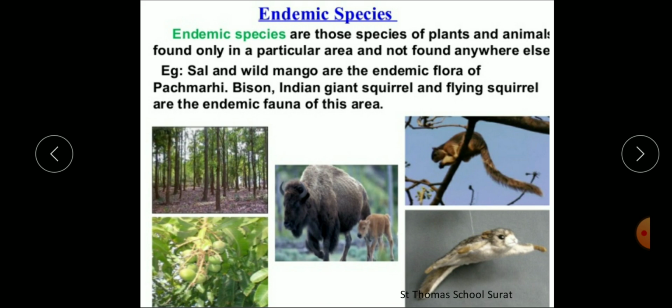This is what we have studied in this chapter, that is conservation of plants and animals. So dear students, I request you to go through your textbook, read it, understand what is given in it, and listen to this video carefully. Then try to solve the fill in the blanks up to where I have taught you.